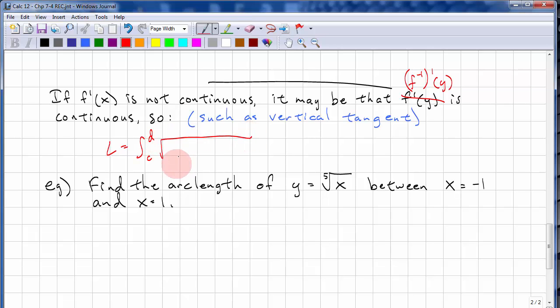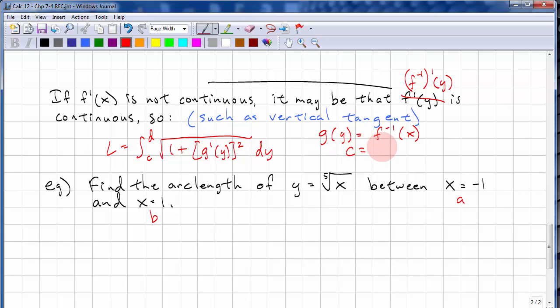square root 1 plus g prime of y squared dy. So g of y equals the inverse function of x.